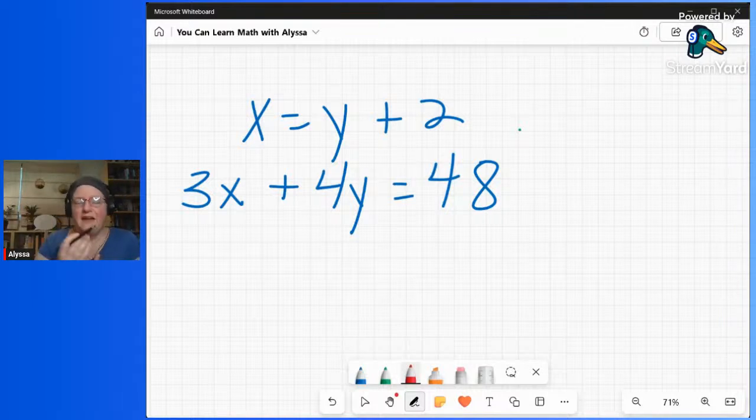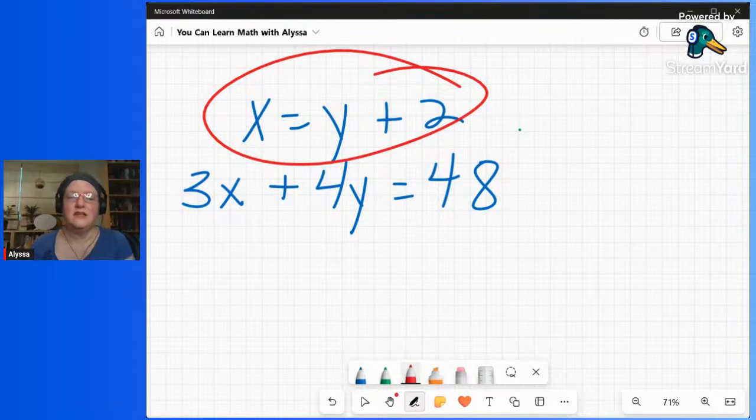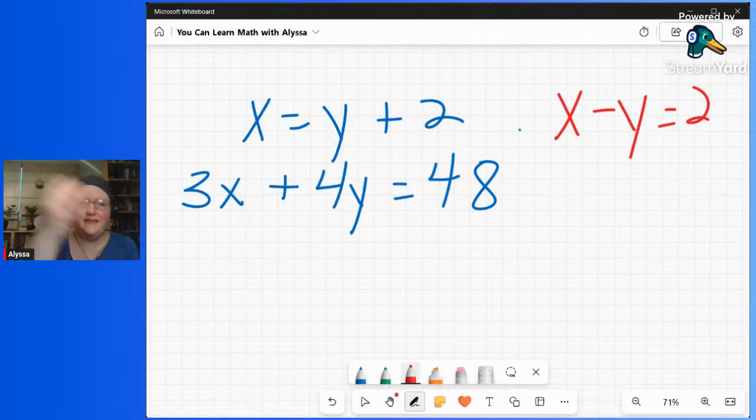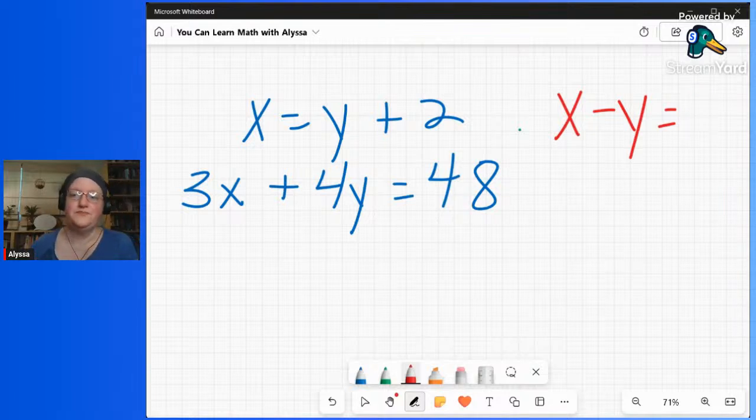If we're told you have to use substitution, and it's not isolated, you have to isolate it yourself. So like say if it had been x minus y equals 2, you would need to either isolate the x or the y and then go to the next step, which we're about to do.